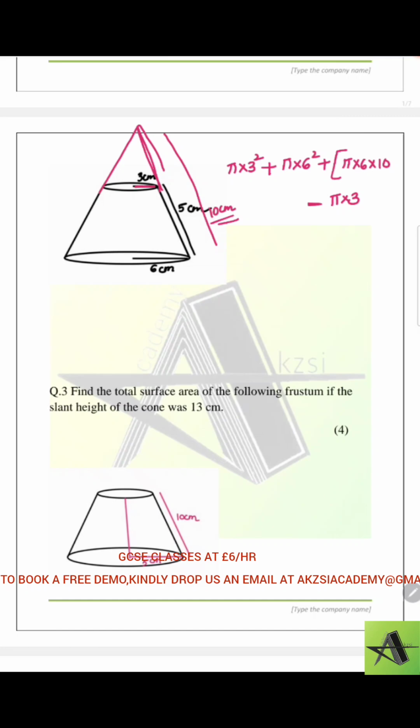Obviously, for the smaller cone, the radius is 3 and the slant height is 5, because this total is 10. This is 5, so this remaining is definitely 10 minus 5, which is 5. This will be 9 pi. This is 36 pi. This is 60 pi and minus 15 pi.